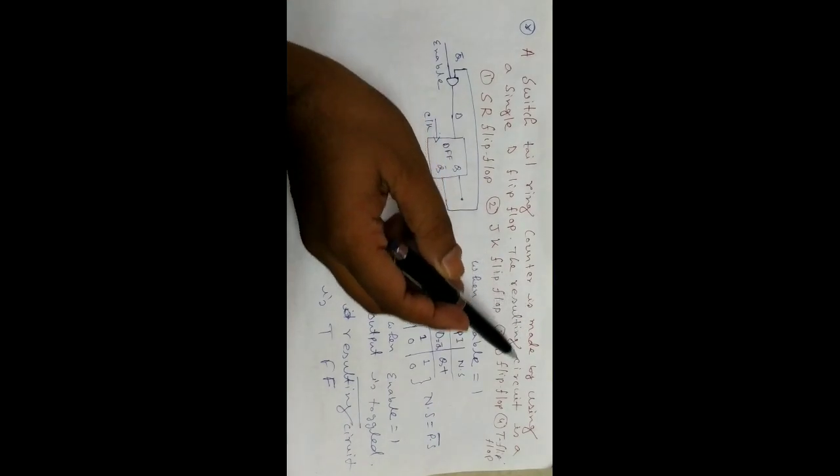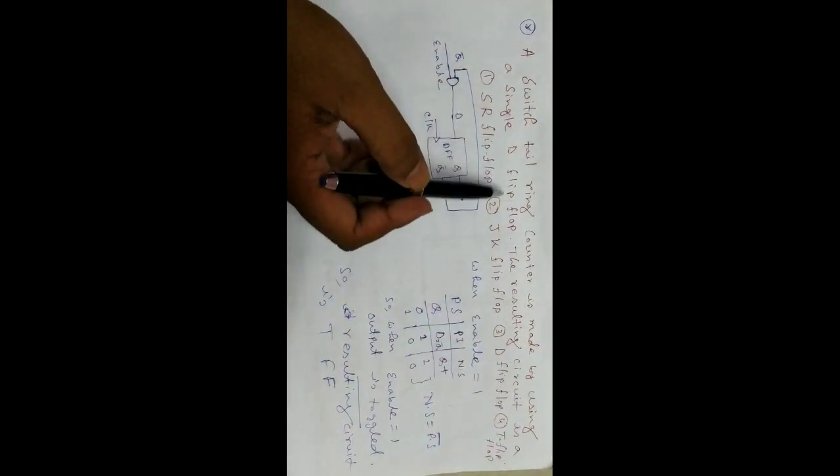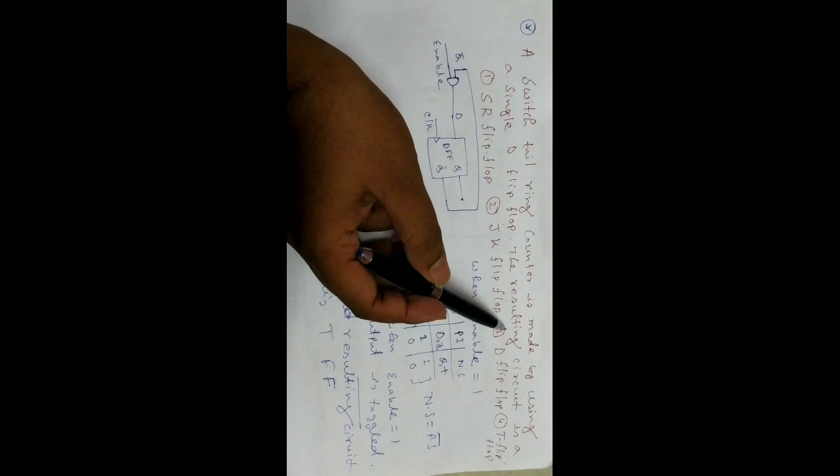The question is: a switch tail ring counter is made by using a single D flip-flop. The resulting circuit is an SR flip-flop, JK flip-flop, D flip-flop or T flip-flop, that we discuss here. So a ring counter made of a single D flip-flop.